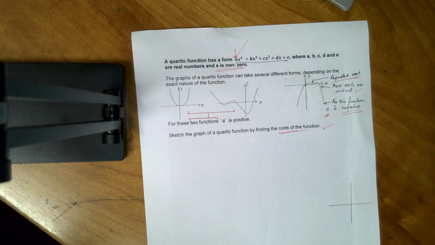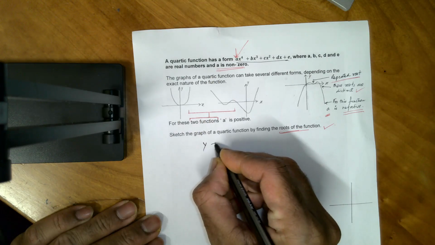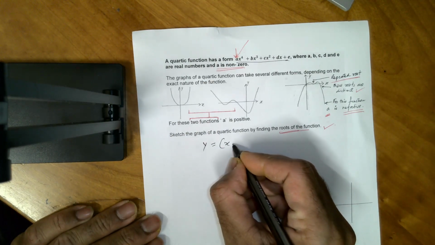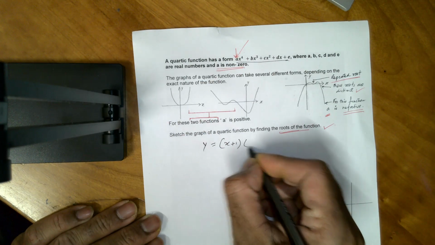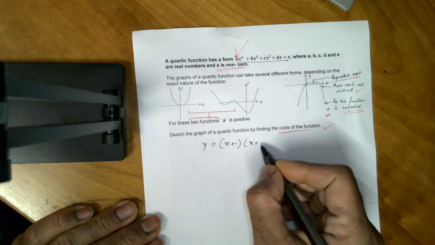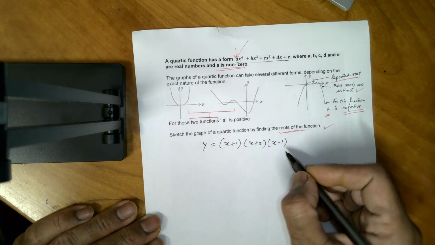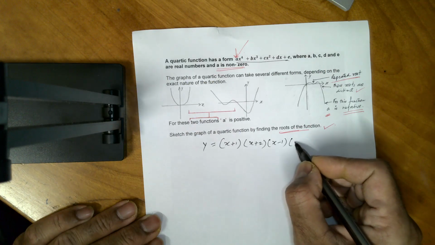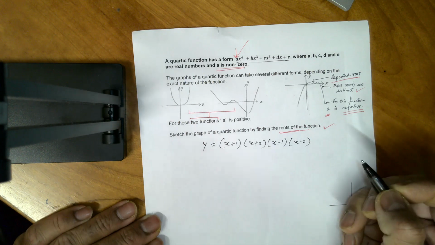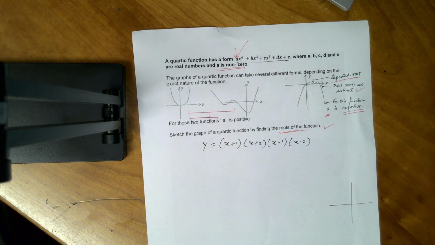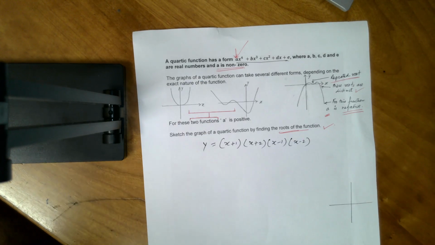Here we have y equal to (x plus 1)(x plus 2)(x minus 1)(x minus 2). This is your quartic function, and we need to sketch its graph.